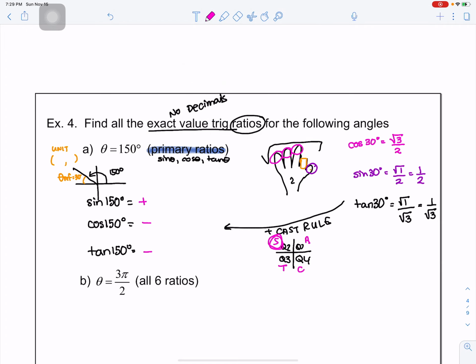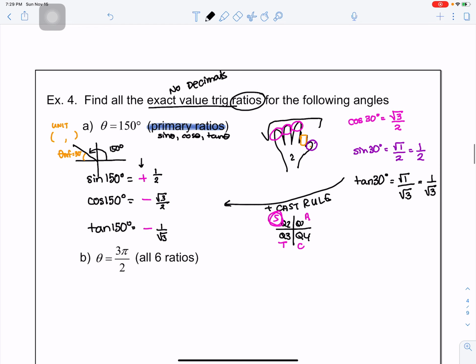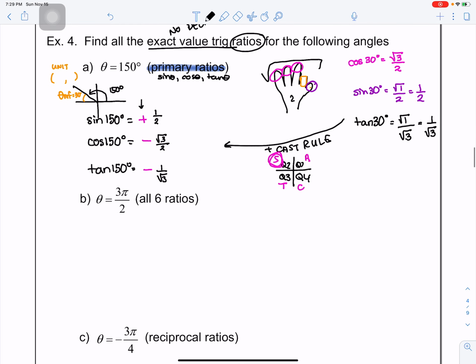My fingers only give me the actual values, and to get the actual signs, I need to use the CAST rule. So cosine is going to stay exactly the same, tan is going to stay exactly the same, and sine is going to stay exactly the same, but we have to add the signs, positive or negative, based on the quadrant number. So this set of values would represent my final answer.